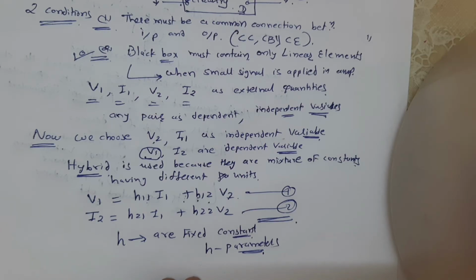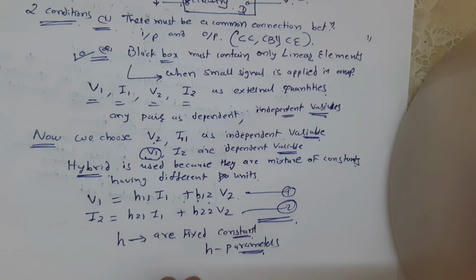The open and short circuit parameters are used in defining H parameters. It is possible to define H parameters by taking I1 is equal to 0 for open circuit and V2 is equal to 0 for short circuit.